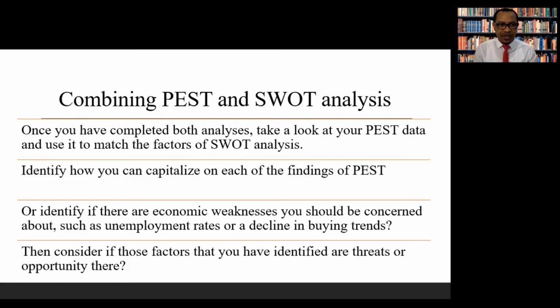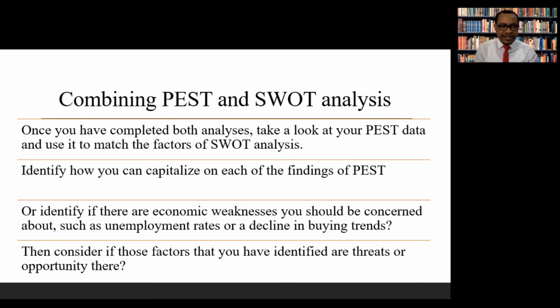If it is going to be a threat, how can I navigate myself in order to prevent them from hitting me? Then from the factors you have identified in your social environment, you ask yourself, are they going to be opportunity? If it is opportunity, how can I capitalize on this? If it is threat, how can I avoid it?